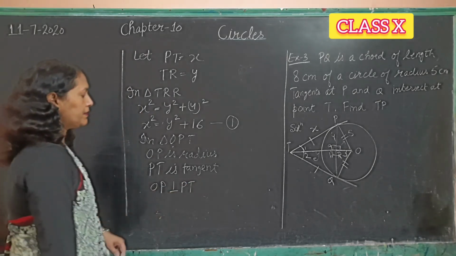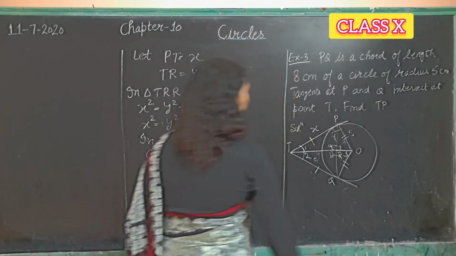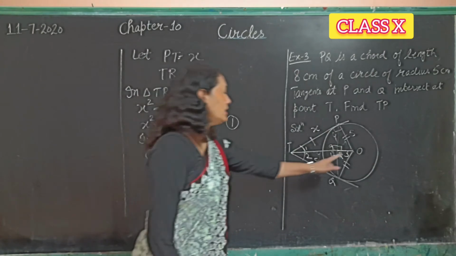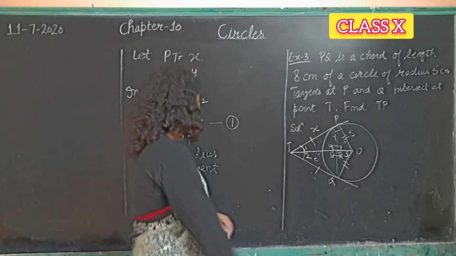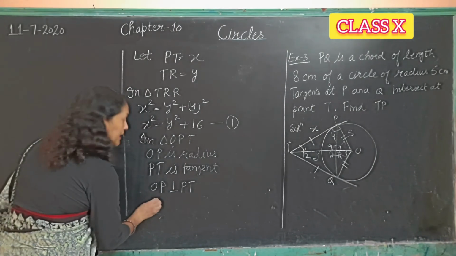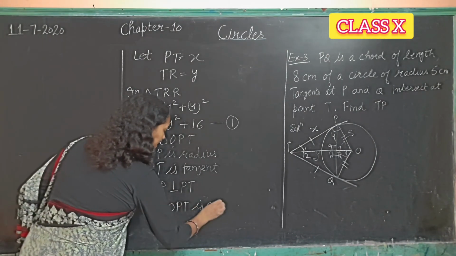So OP perpendicular to PT means this angle is 90 degrees. If this is 90, then OPT will be a right angle triangle.